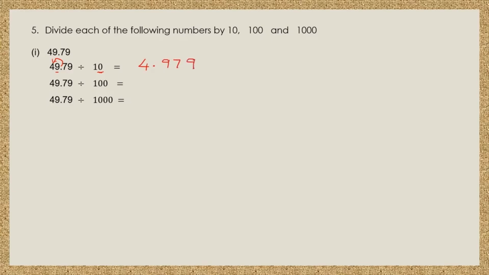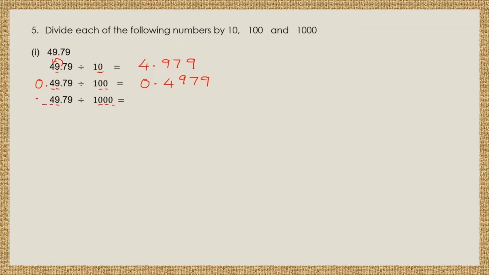4.979. Now 100, there are two places, so I need to move it two places to the left and put my point there. Now since there's no number before it, I will put a 0. So it becomes 0.4979. Division by 1000. 1, 2, 3 zeros. It has to move 3 places to the left. 1, 2, 3 and then I put a point.